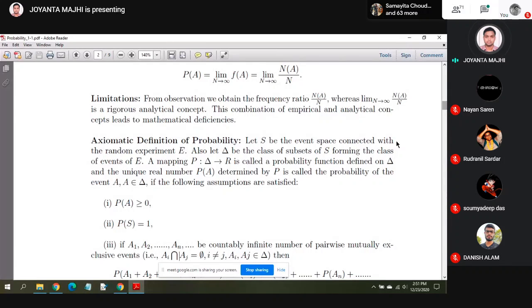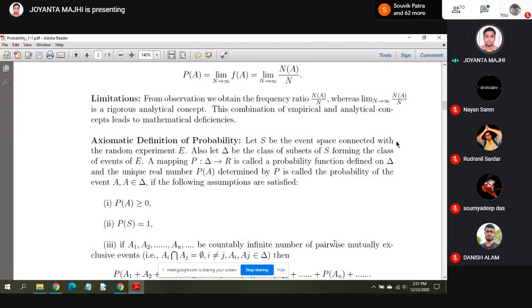It is really true because probability can never be negative. P of S equal to 1 is the second axiom. And the third axiom is if A1, A2, ..., An are pairwise mutually exclusive. Mutually exclusive means if A1 and A2 are two events such that A1 intersection A2 is equal to phi, then we say that A1 and A2 are mutually exclusive.